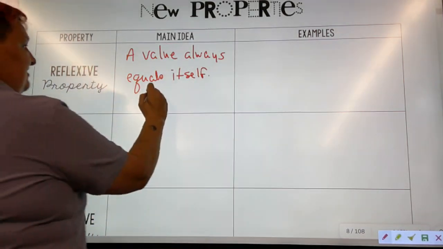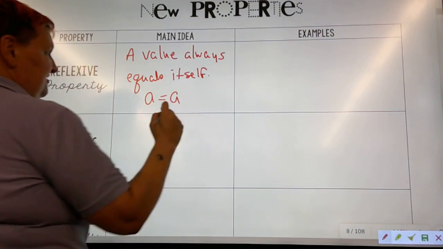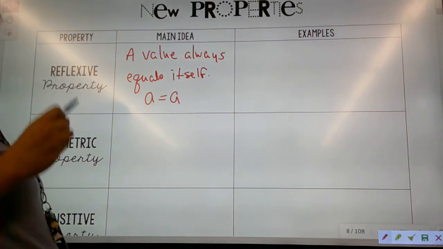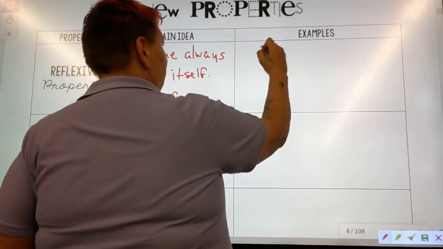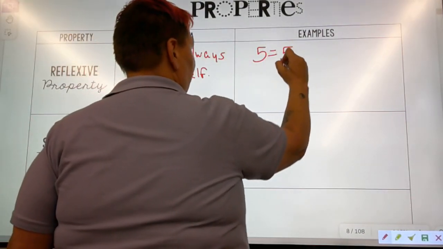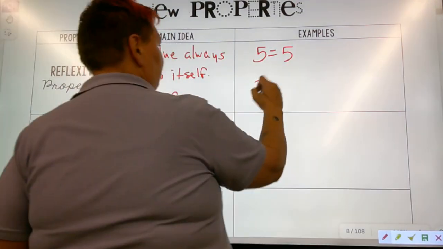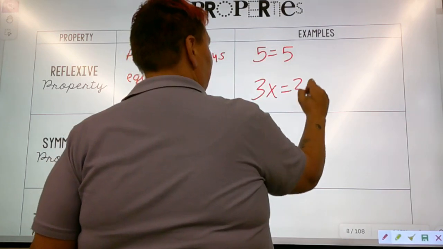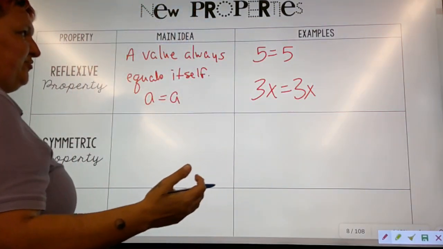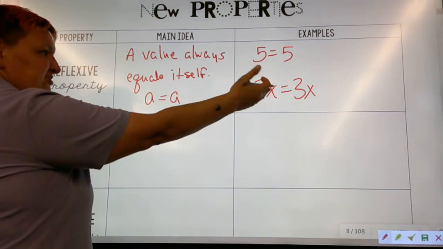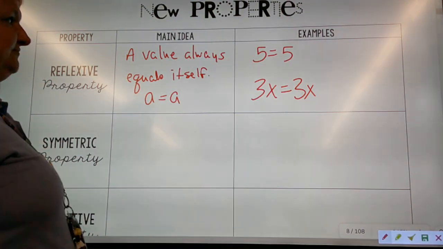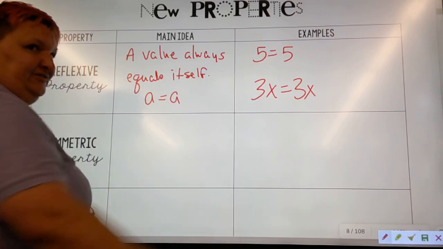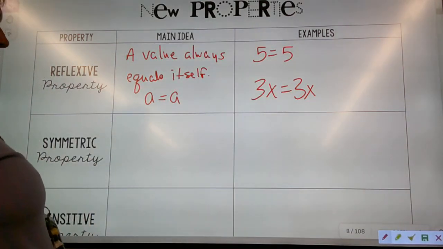Right? A is always A. A is always equal to A. So something like 5 is always equal to 5, or 3x is always equal to 3x. That's reflexive property. It's literally a reflection of itself. They're identical.